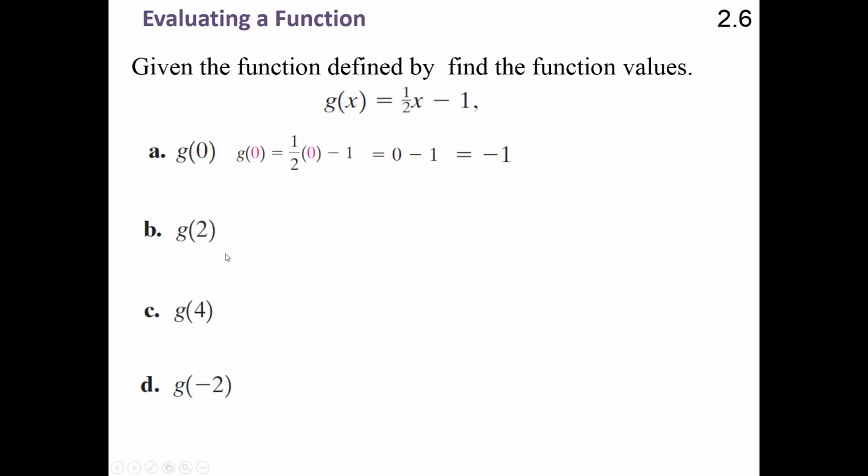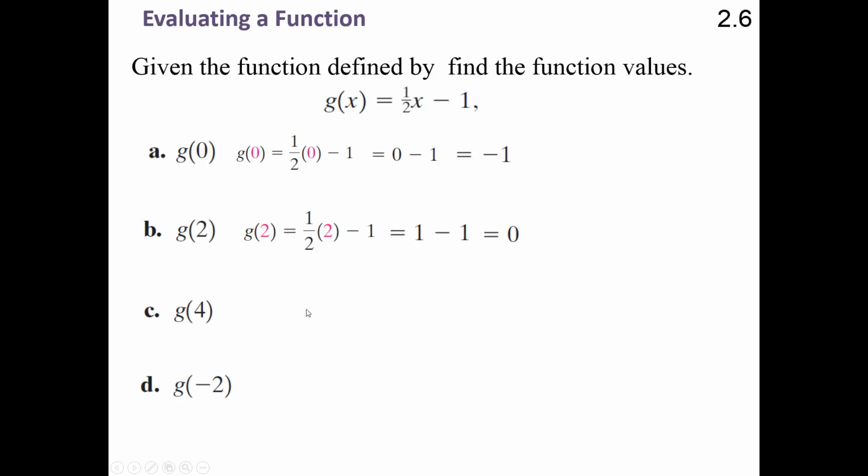Okay, next we'll look at g of 2, and like before, to evaluate g of 2, we're going to multiply by 1/2 and subtract 1, right? So g of 2, we multiply 2 by 1/2 and subtract 1, because that's what the definition of g is. Whatever is in this location, g will multiply by 1/2 and subtract 1. So this is simple to evaluate, and we just get 0.